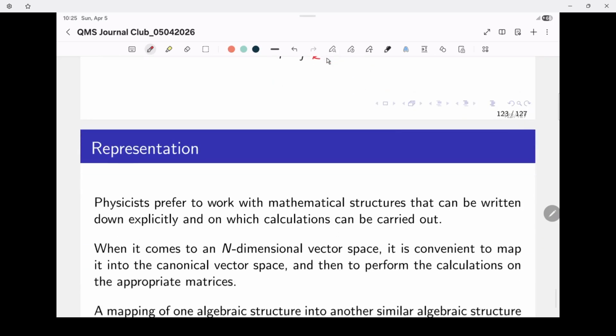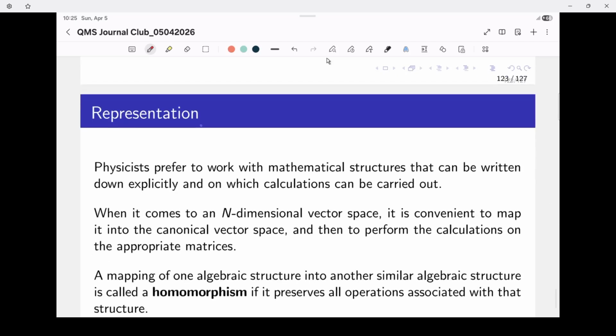Okay. The last one is the idea of representations. So basically, like I said, we want to work with something that we are familiar with. So when we talk about groups, algebra, and so on, sometimes they are not the easiest for us to imagine or calculate.